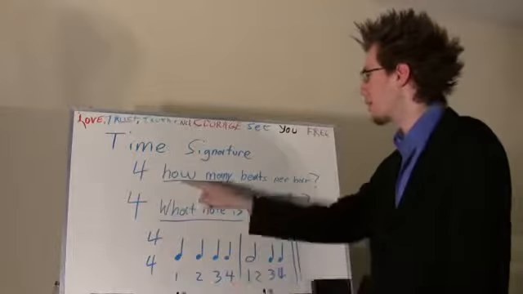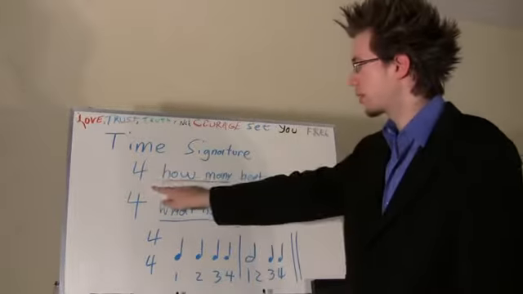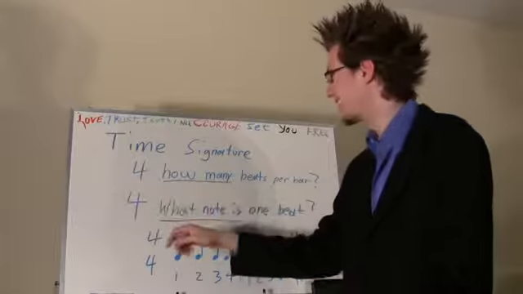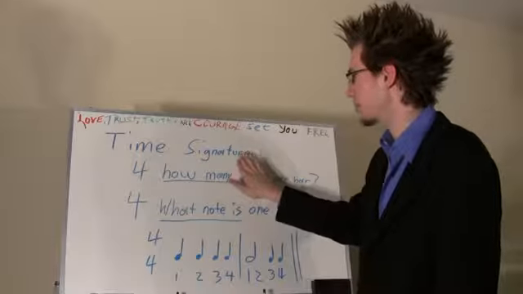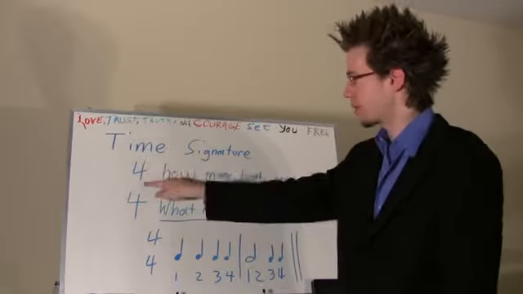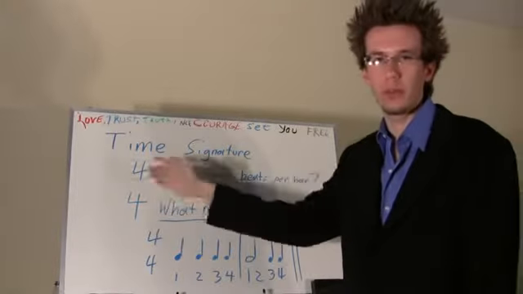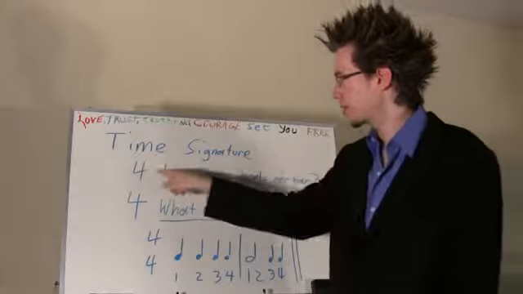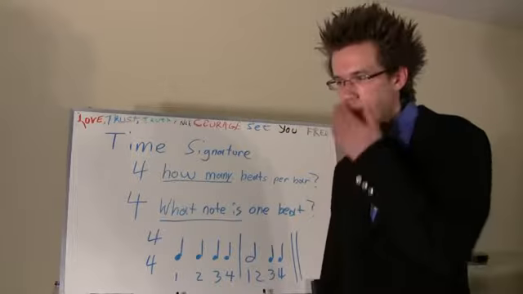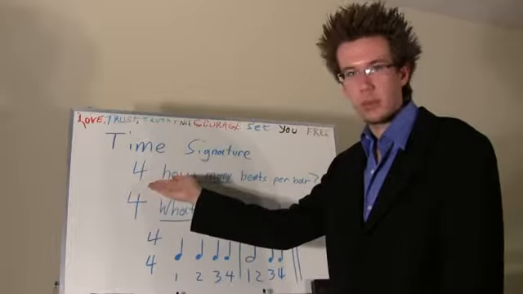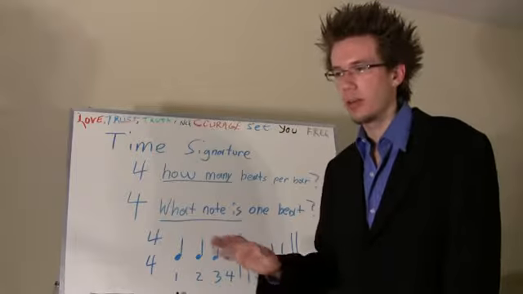That's how simple it is. How many beats per bar? 4. A simplified version would be: how many? 4. So it's just how many beats per bar. There's 4, 4 beats per bar. Whatever the top number is, that's what it's going to be. This changes quite a bit. That top number changes quite often.